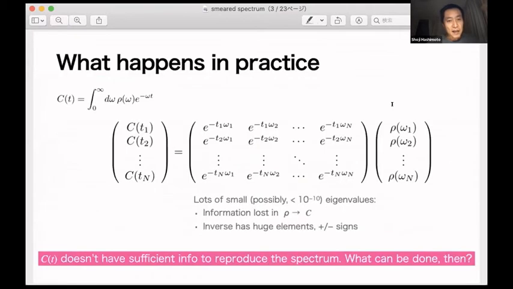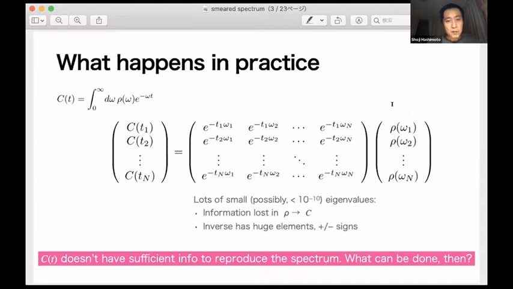And I think everyone also knows where the problem comes from. It is basically because in this Laplace transformation, lots of information is lost when you obtain the correlators from the spectral function, because of the structure of the Laplace transform.